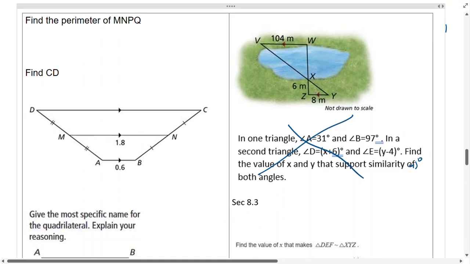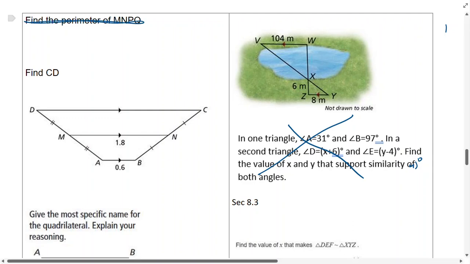So we want to find the perimeter. Oh, I couldn't do it because I did a typo on that one. We're going to find CD. And this is a parallel line drawn on a trapezoid.